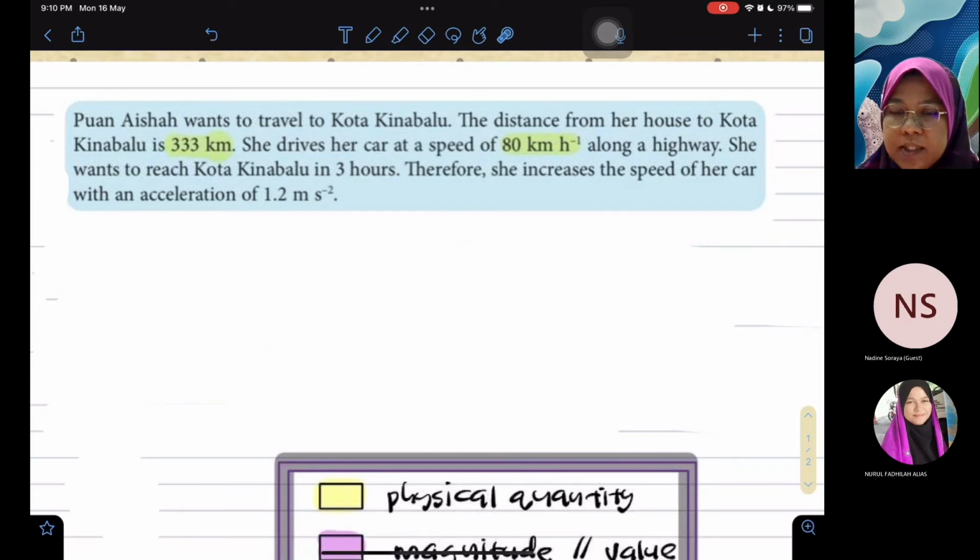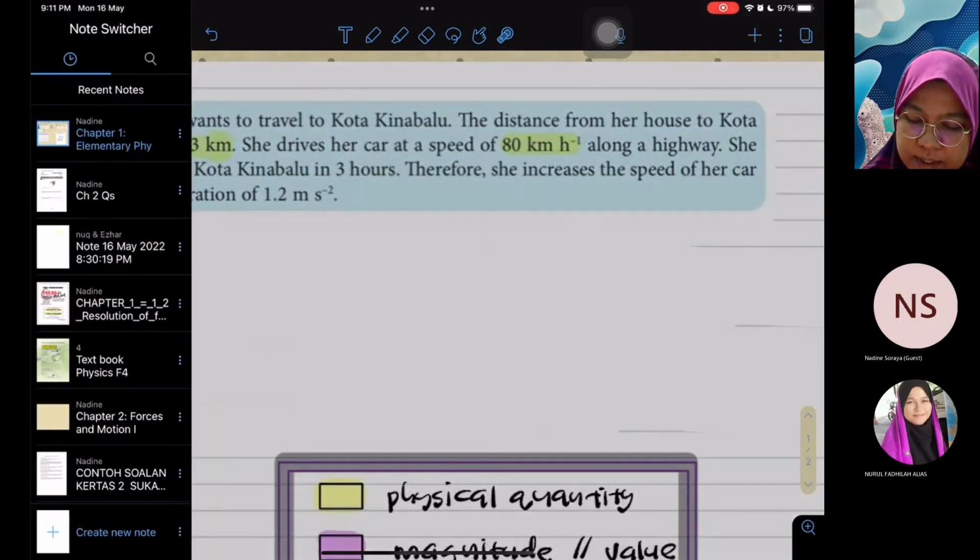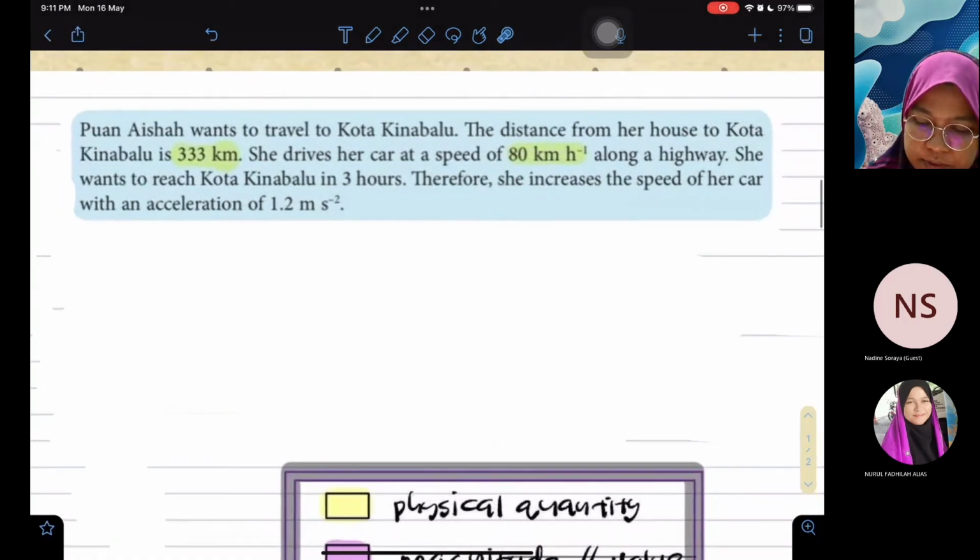What is the basic quantity? So 333 ni adalah the distance kan. Jadi distance tu adalah apa? So antara 7 yang kita tengok tadi, distance ni yang mana satu? The length kan. Right, so kat sini kita ada length. So 333 ni adalah length.